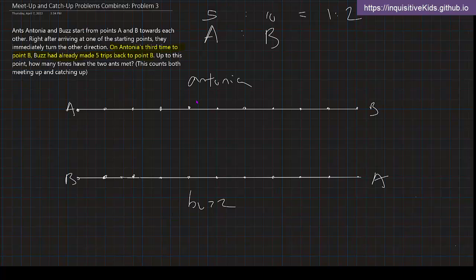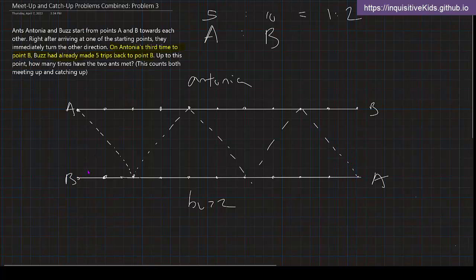So when Antonia goes 2 parts, this is just how much they go, and this is Antonia and her diagram.